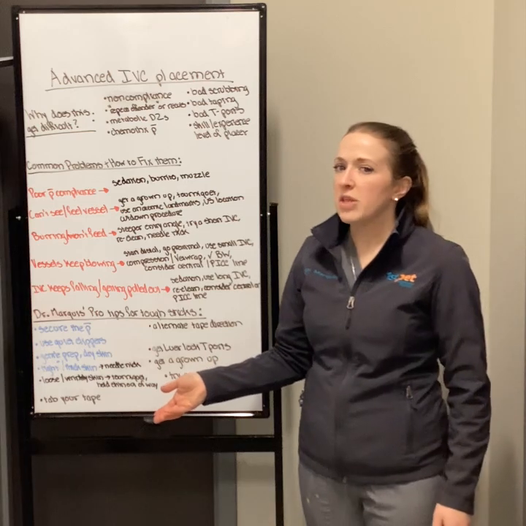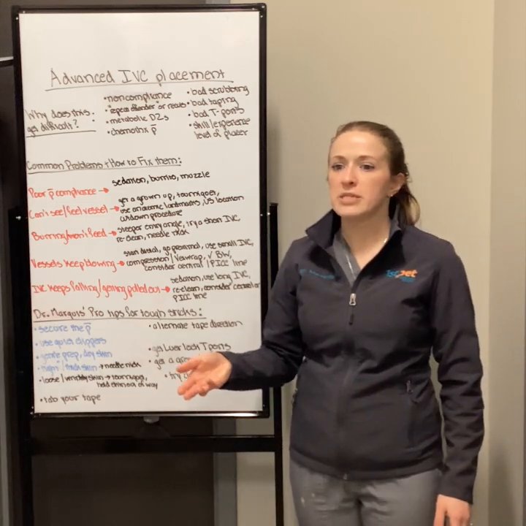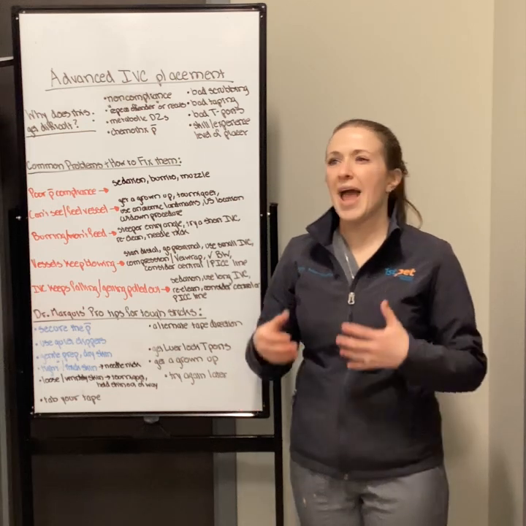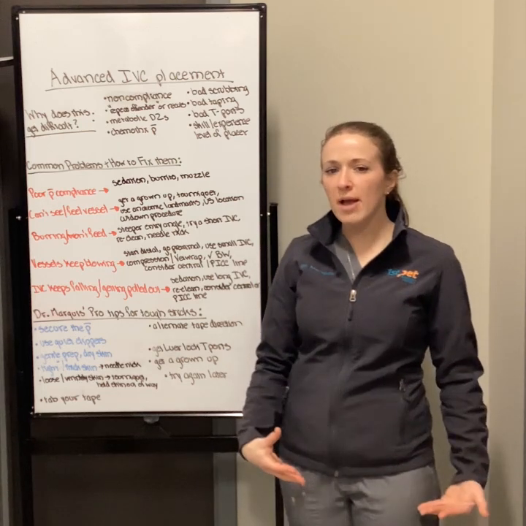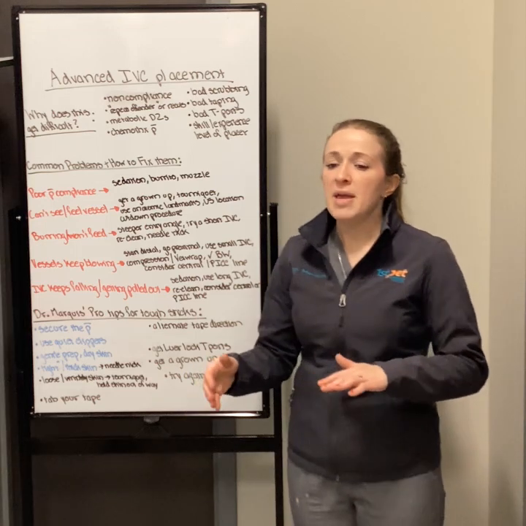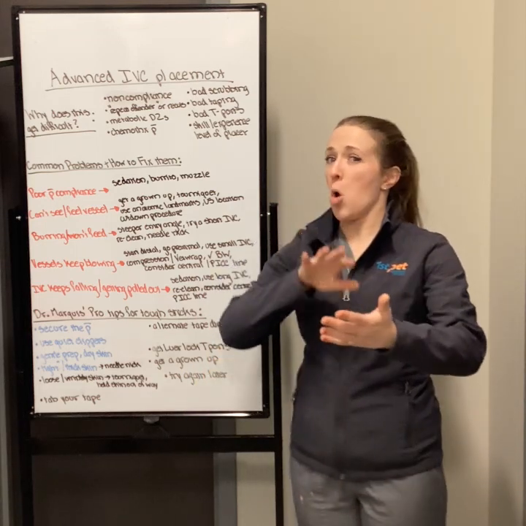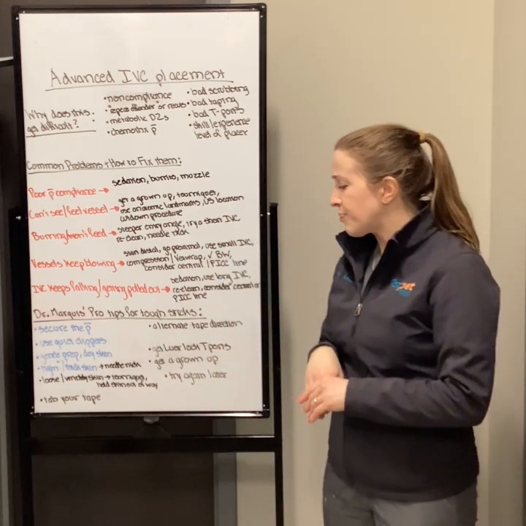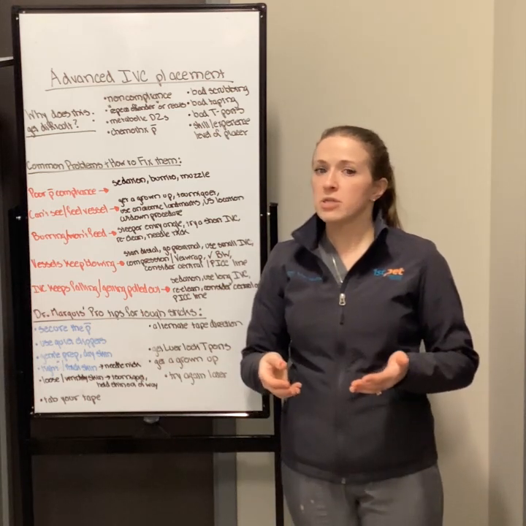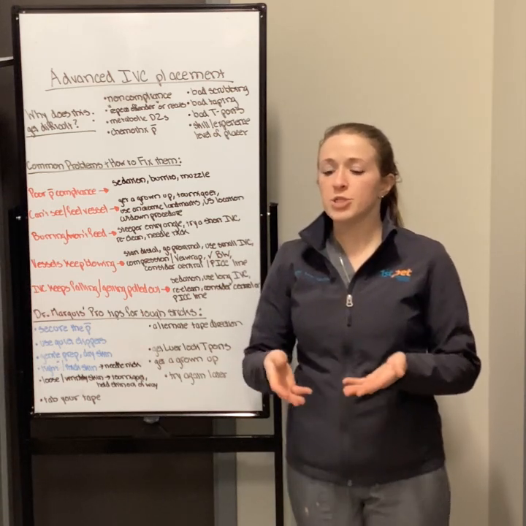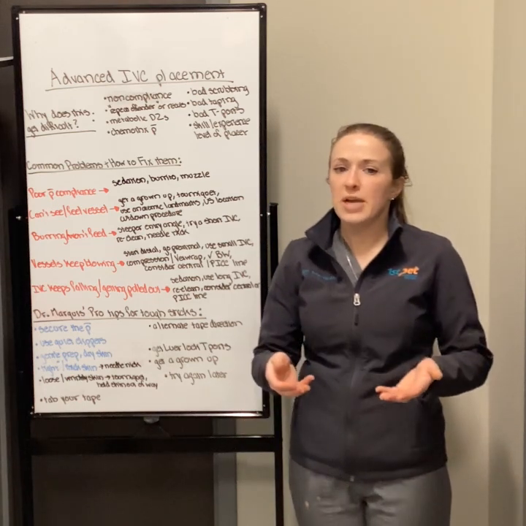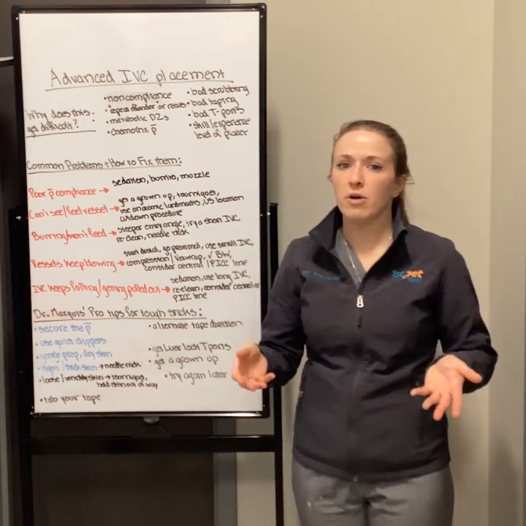Animals with looser wrinkly skin, so I'm talking about things like English bulldogs, Shar-Peis, Chow Chows, Basset Hounds. They have all these loose wrinkles going everywhere. Maybe you can't see the vessel very well. Maybe the wrinkles are over where the vessel should be. In this situation, I would recommend using a tourniquet because the tourniquet over time is going to make the vessel more obvious. The other thing I would recommend is to move the skin out of the way. So you're like, okay, how do I do that?